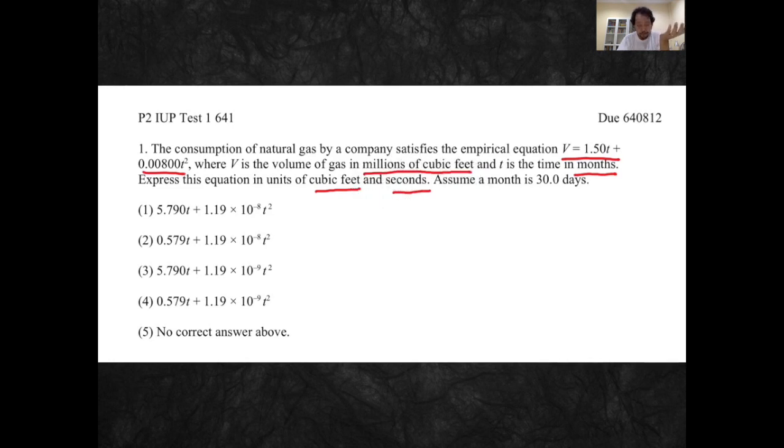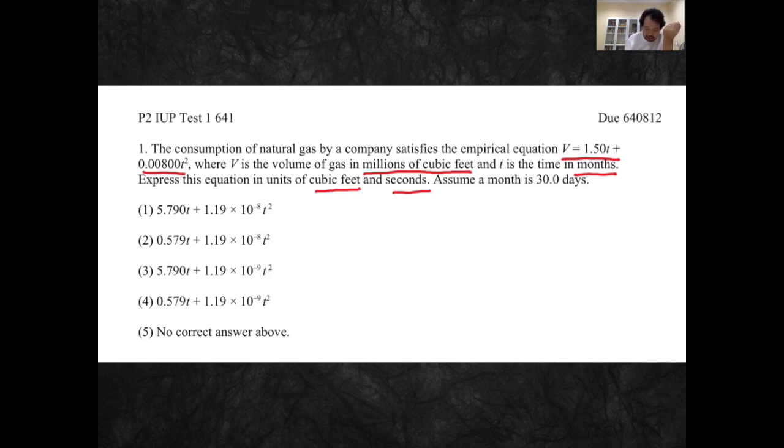What is a little bit more complicated is when you want to convert the unit in month to second. Now you have to know the relation between month and second. Of course, this is simple also, right?